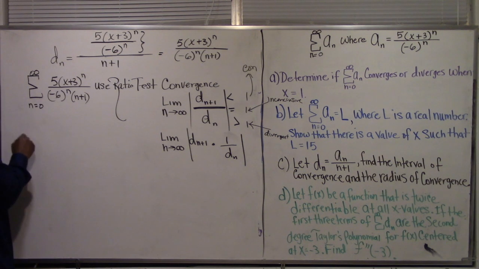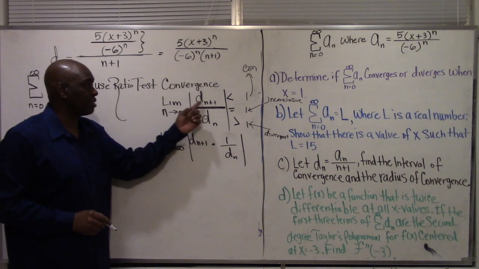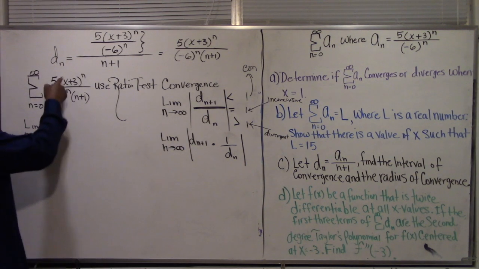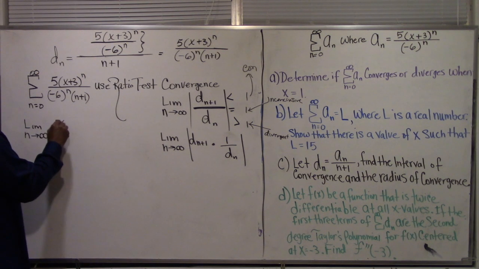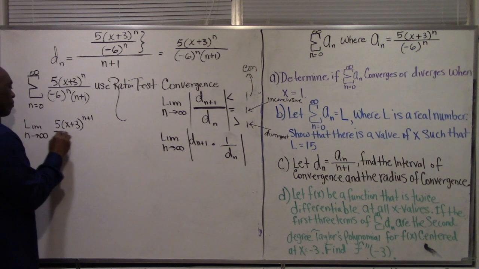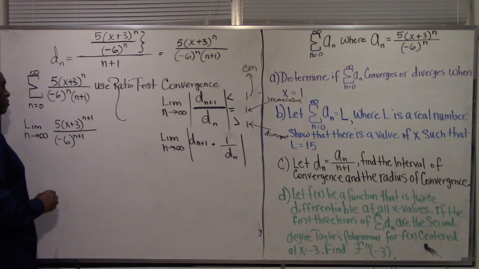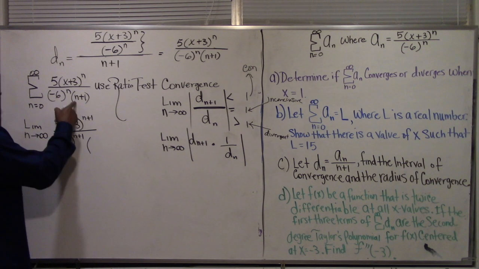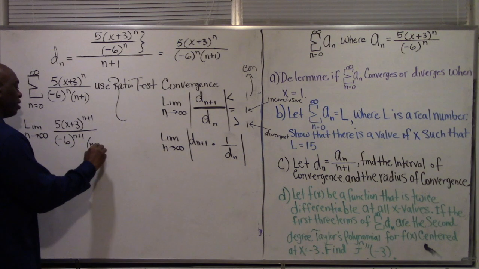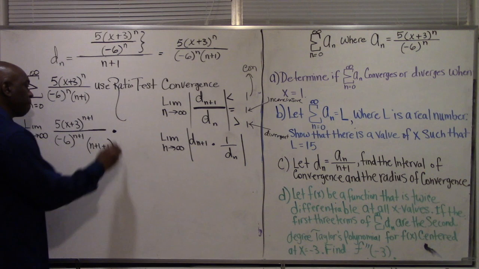Alright, so in this case, we're going to have the limit as n goes to infinity of, first we need d sub n plus 1. That's going to be 5 times (x plus 3) to the n plus 1 over (negative 6) to the n plus 1 times (n plus 1) plus 1, multiplied by.